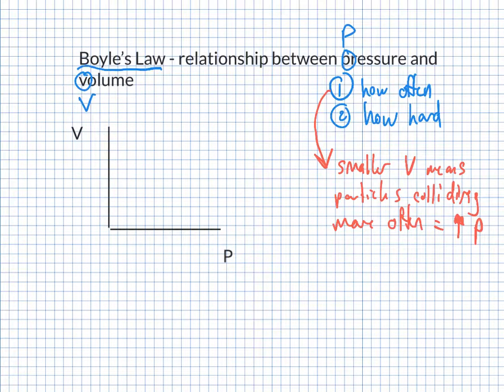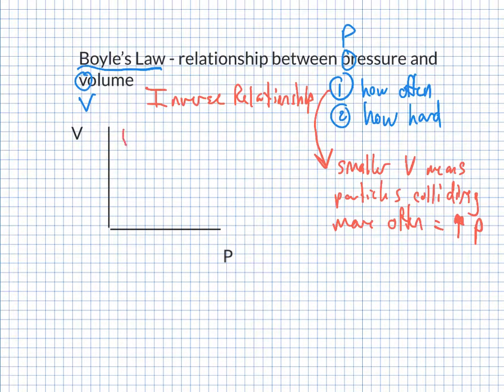So a smaller volume means a greater pressure. Those things are opposite, which means that these have an inverse relationship. And it's important to remember that pressure and volume are the only ones that have an inverse relationship.